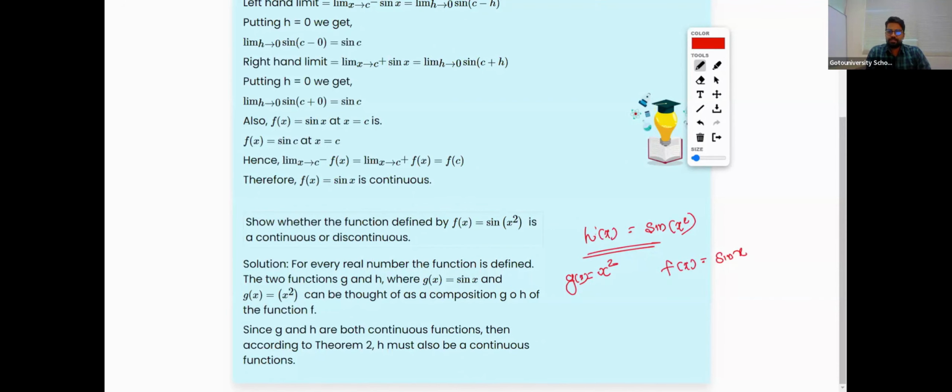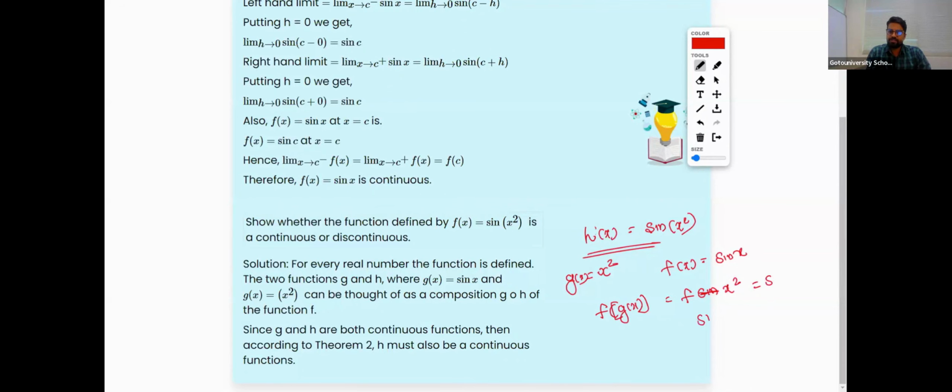Now, don't you see this is f of g of x, that is f of x square, which becomes sine x square?